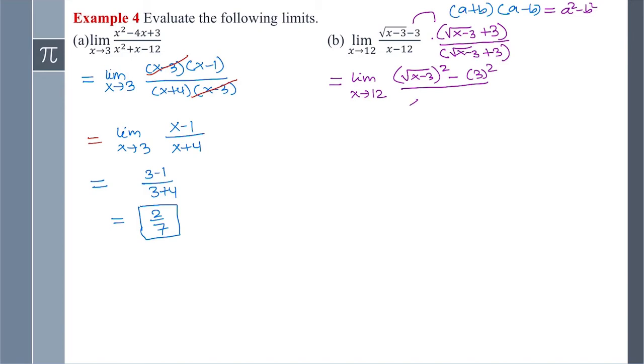And the denominator becomes x minus 12 times, so we'll leave it in factored form, square root of x minus 3 plus 3. So now let's go ahead and simplify the numerator.